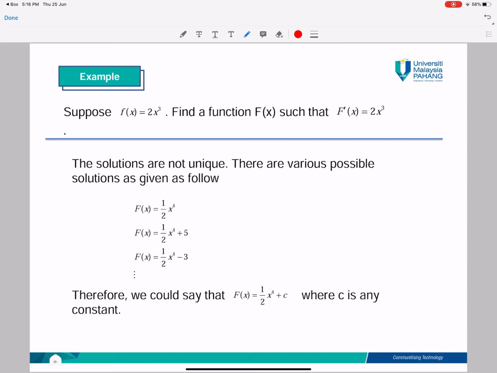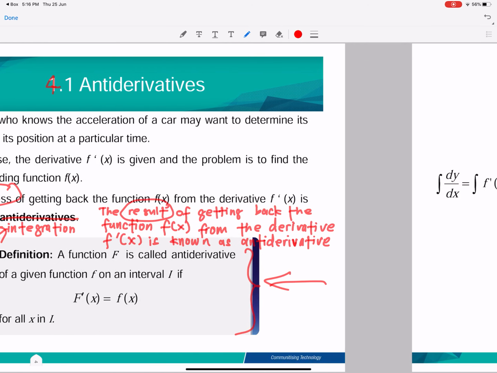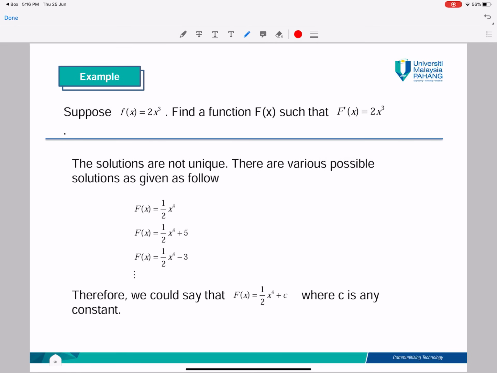So suppose we have a function f(x) equals to 2x cubed, and then you want to find a function capital F(x) such that F'(x) is equal to 2x cubed. Based on the previous definition, we know that F'(x) is actually f(x).